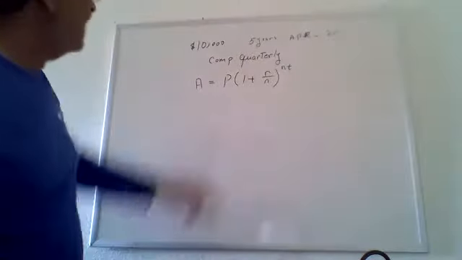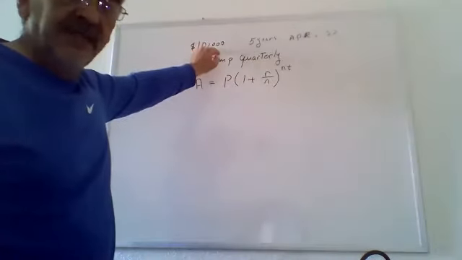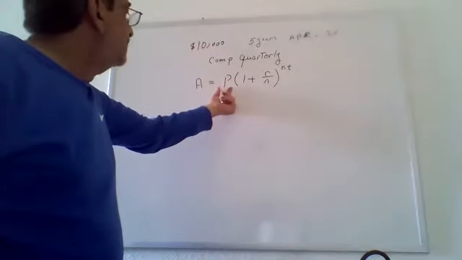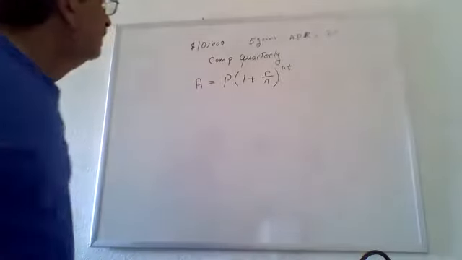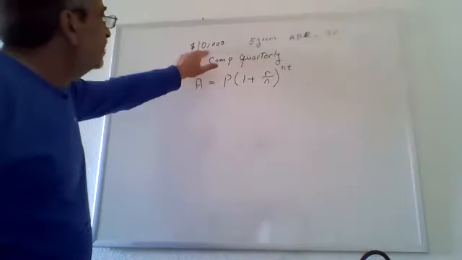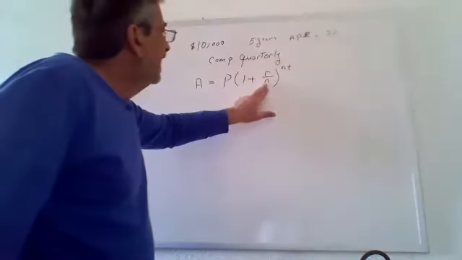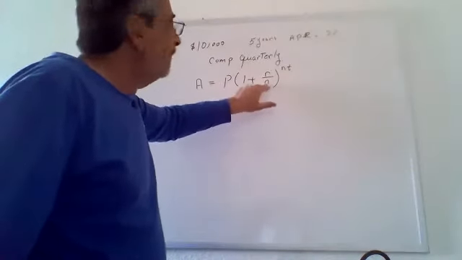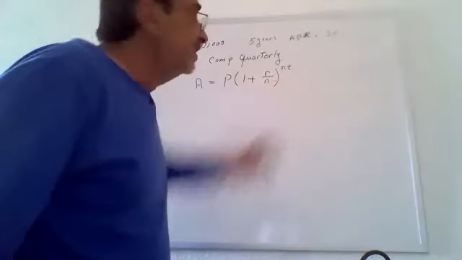But this one doesn't have any payments. It's only a one-time lump sum. So in this case, we use the principal amount. P is the original amount. R is the interest rate. N is your compounding periods per year. And T is how many years.